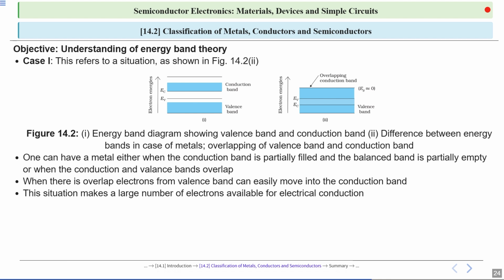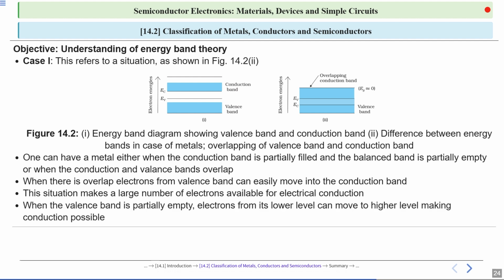When a material has a large number of free electrons in the conduction band, it becomes a good conductor of electricity. These electrons are not tightly bound to individual atoms and can move freely throughout the material. In a material, the valence band is where the outermost electrons reside.